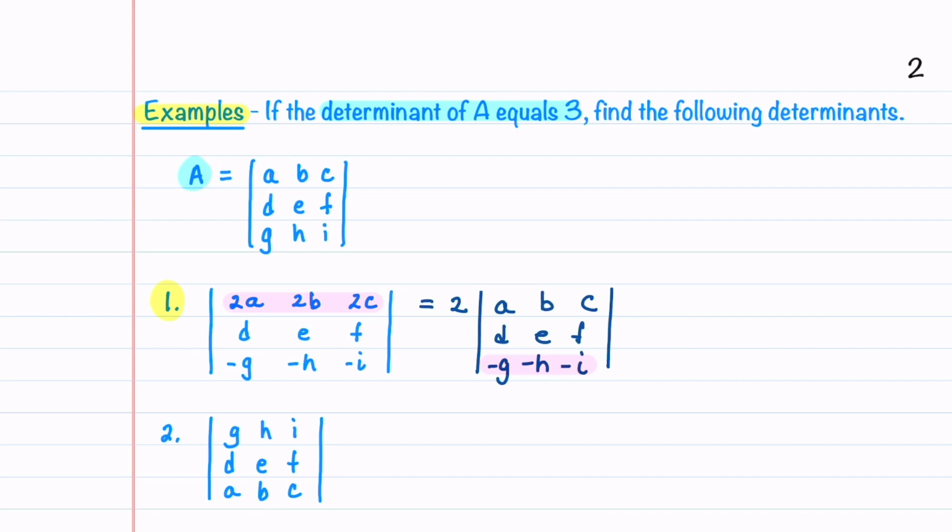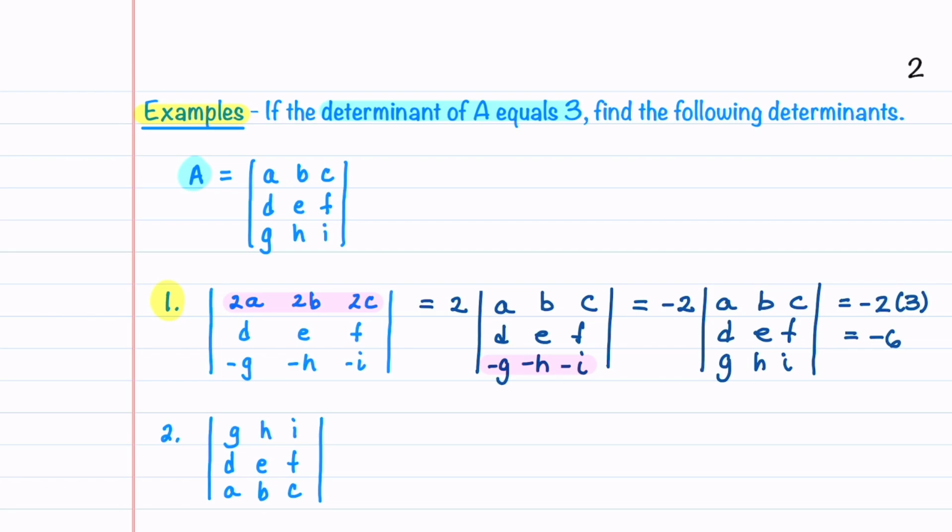We can pull out the negative and write this as -2, and then our determinant becomes A, B, C, D, E, F, and G, H, I. This is the determinant of matrix A, so this is going to be equal to -2 times the determinant of matrix A, which we're given as 3, and this gives us a final answer of -6.